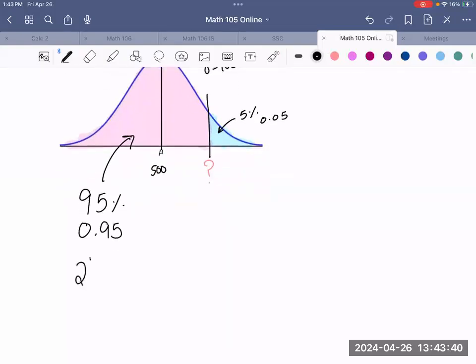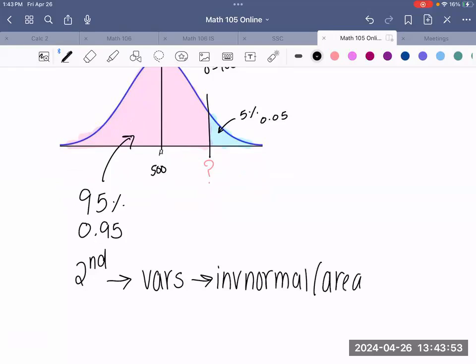So if we can use that to our advantage, then we're going to put it into your calculator. So we're going to do second vars, inverse normal. This says the area from 0 to that value, your lowest to your highest. Your area is a percentage.